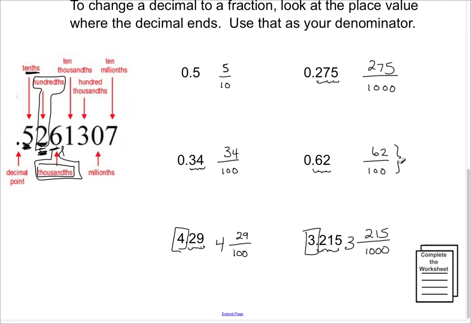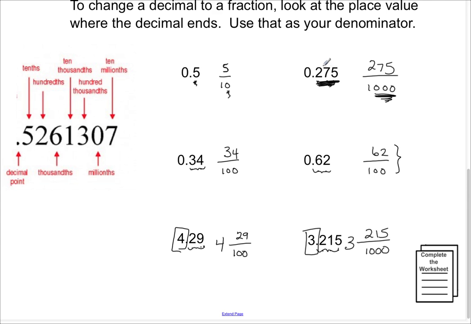Okay, one last thing, just to make it a little bit easier for you, so that you don't always have to be looking back at this chart to figure out what your denominator is. I want to point out that we have one number after the decimal point and we have 1 zero. And over here we have 3 numbers after the decimal point and we have 3 zeros.